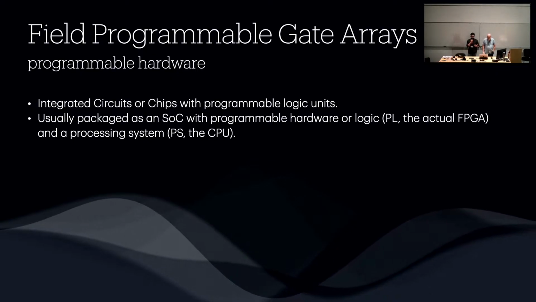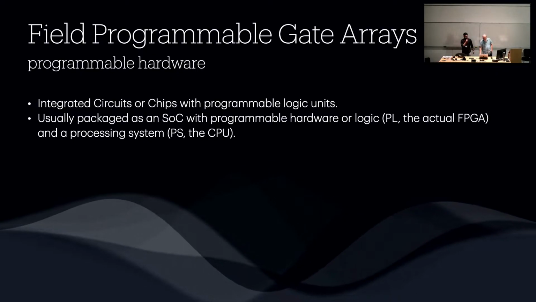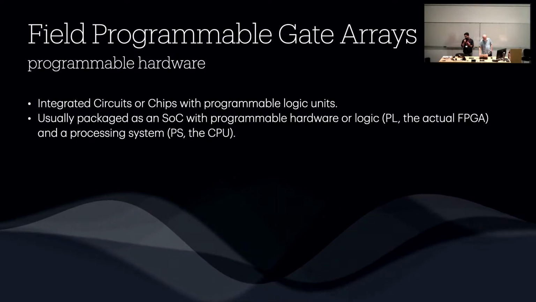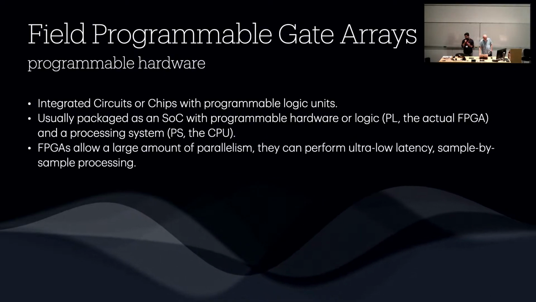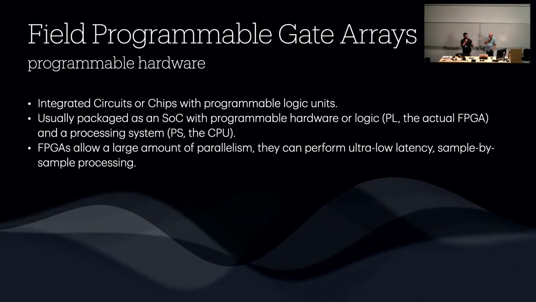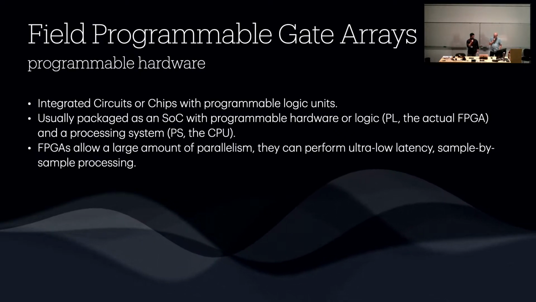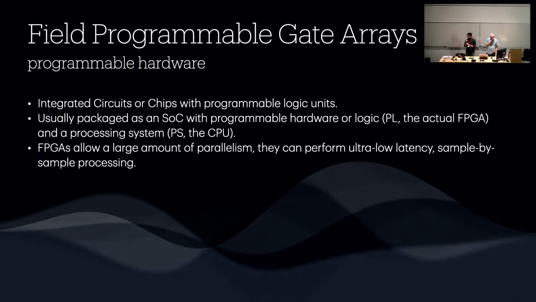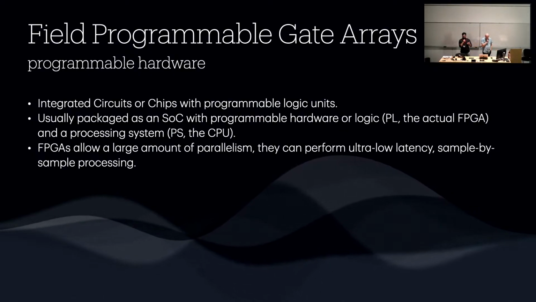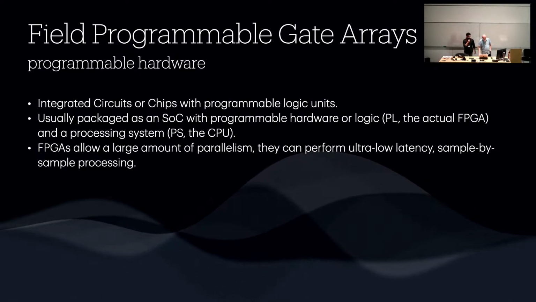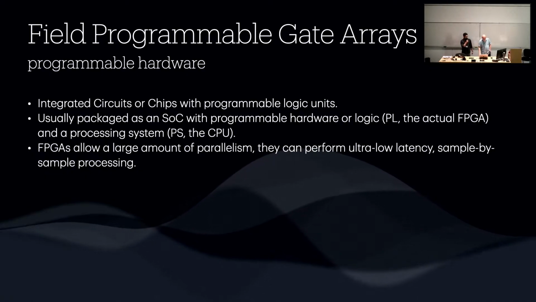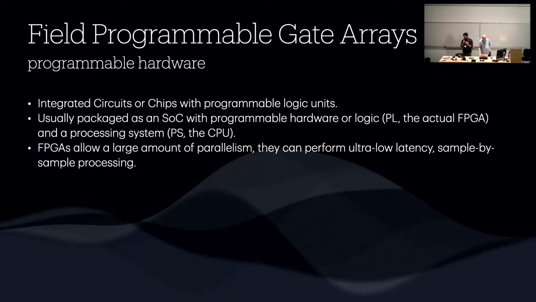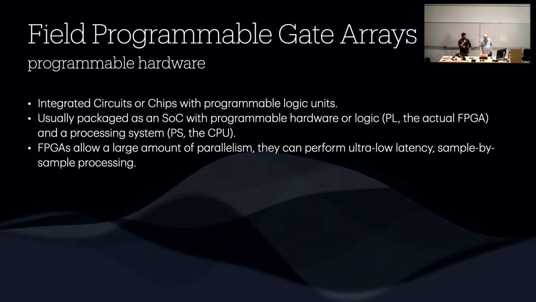And they are usually packaged as a SoC with a CPU core or multi-core CPU on the same chip as the programmable logic or the FPGA part. So dividing the tasks between the two is a key aspect of FPGA SoC programming. And some benefits of FPGA are they allow a lot of parallelism.